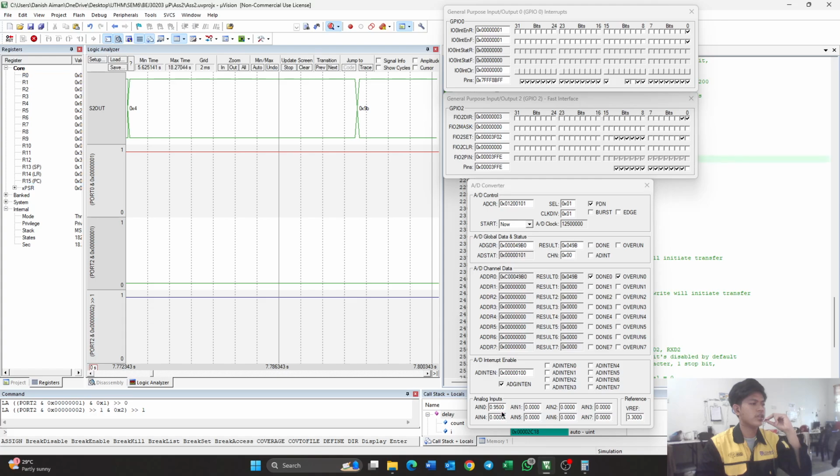So let's try the control state, which is below 80 and above 55.